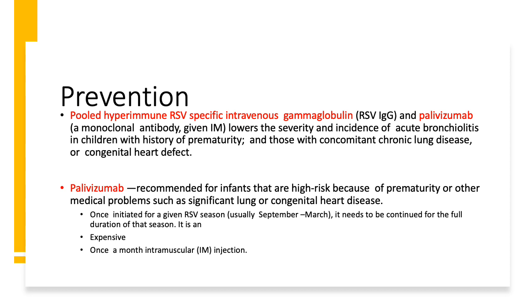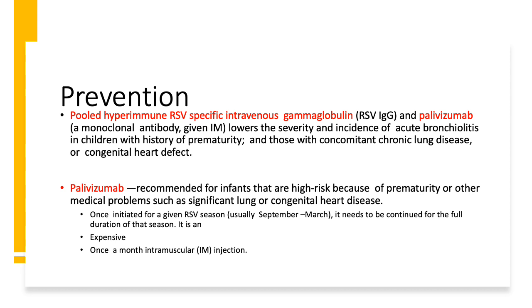may be tried. So, palivizumab is recommended for infants that are high risk because of prematurity or other medical problems such as significant lung or congenital heart disease. Once initiated for a given RSV season, which usually starts from September till March, it needs to be continued for the full duration of that season.